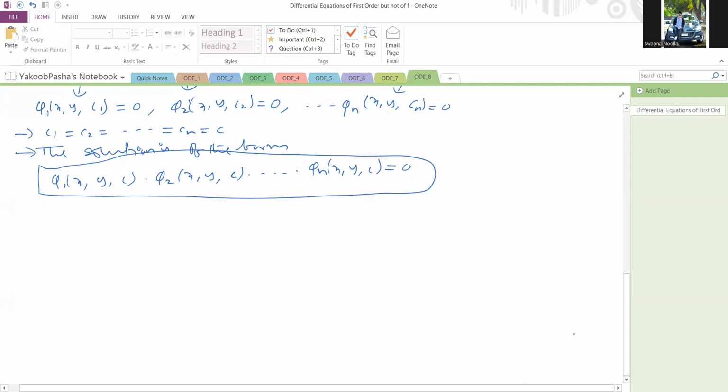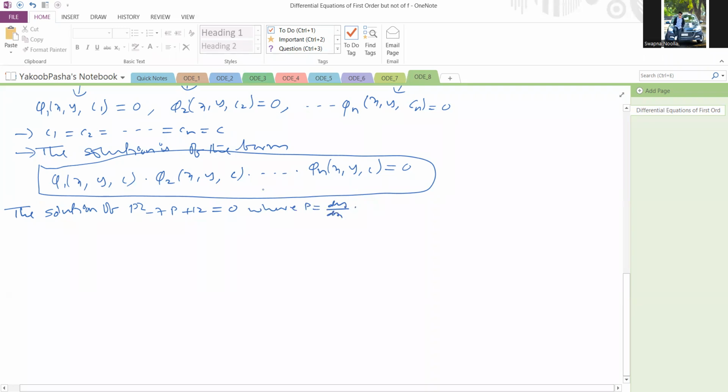For example, I am taking one problem here. The solution of p square minus 7p plus 12 is equal to 0, where p is equal to dy by dx.